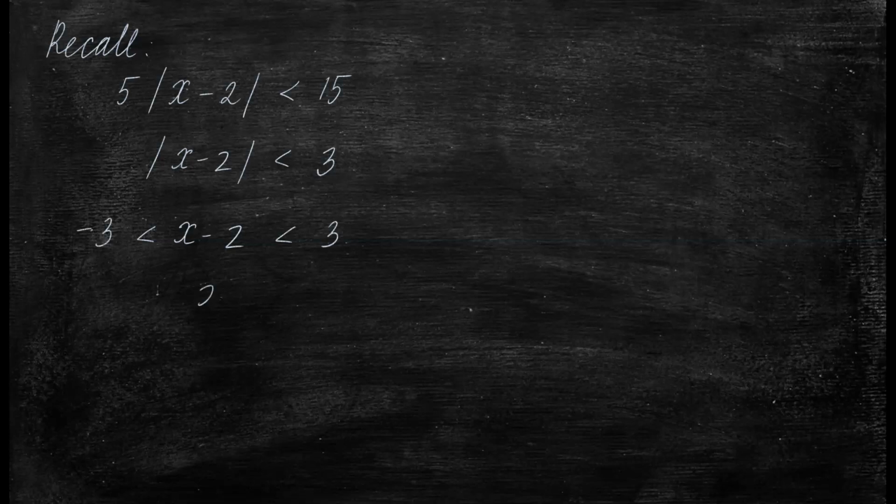And then we isolate x in the middle by adding 2 to all three sides of this inequality. And if we do so, we end up with the solution. So it's going to go from -1 to 5.